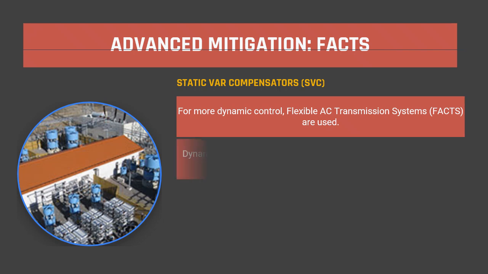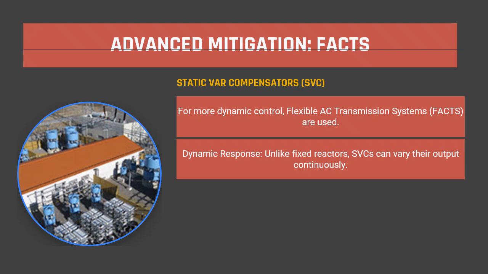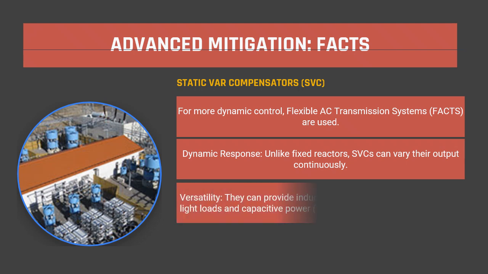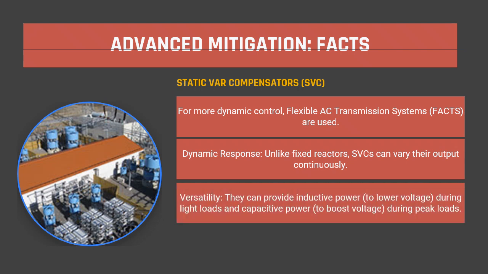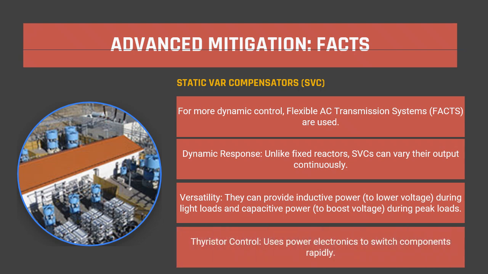It uses high-speed power electronics, like thyristors, to continuously adjust its reactive power output in real time. This dynamic response means the SVC can rapidly absorb inductive power to combat Ferranti overvoltage, but then quickly switch to injecting capacitive power to boost voltage during heavy load periods. It provides versatile, continuous voltage regulation, although at a higher capital cost.